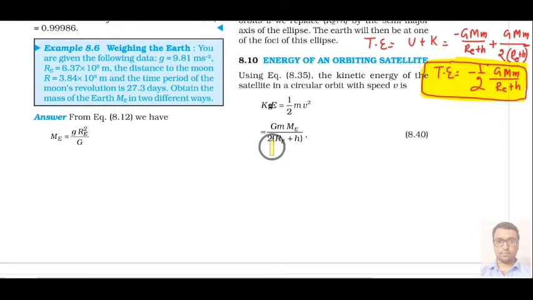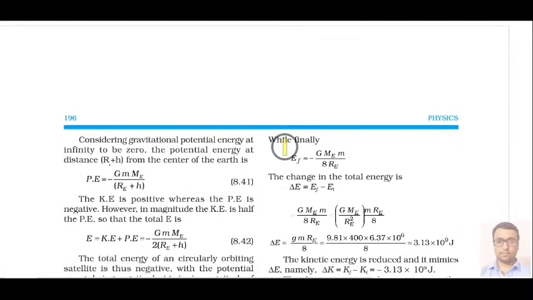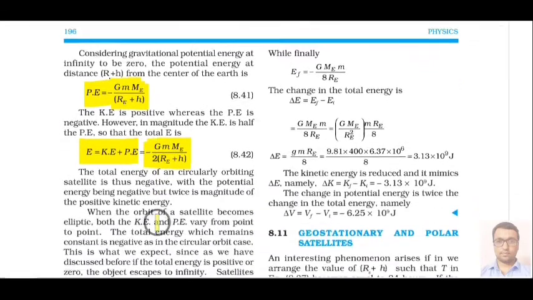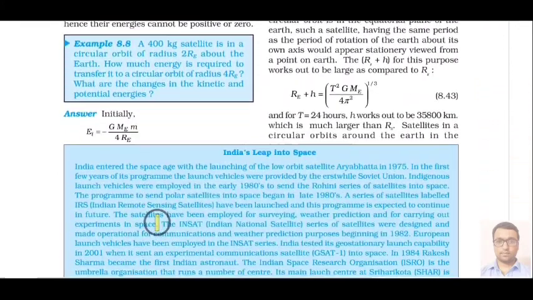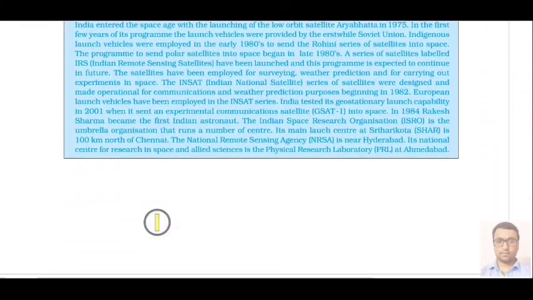Here you can understand with more clarity that kinetic energy is G m1 m2 upon 2 times Re plus H. Then potential energy is G m1 m2 upon Re plus H, the complete number with a negative sign. Then we get the sum of total potential and kinetic energy. So in this way you can solve this particular example also.